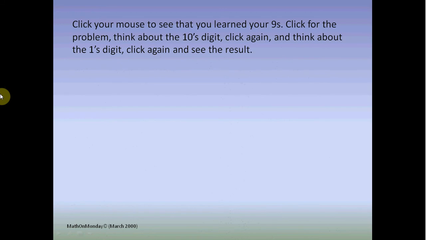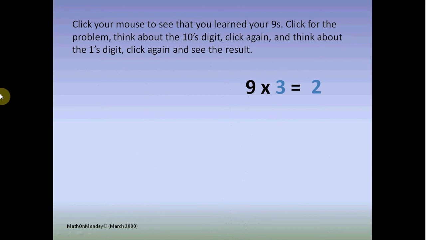Let's see if you've learned your 9s. First click, you think about what the tens digit should be, and then click again, and think about what the ones digit should be. Click again, and see the result. There it is. Think.